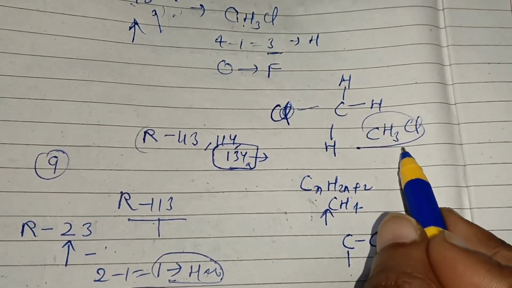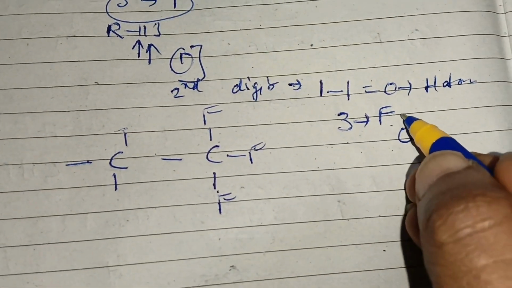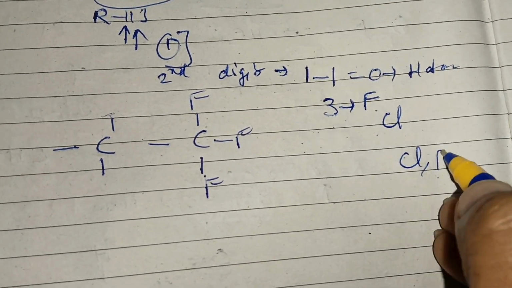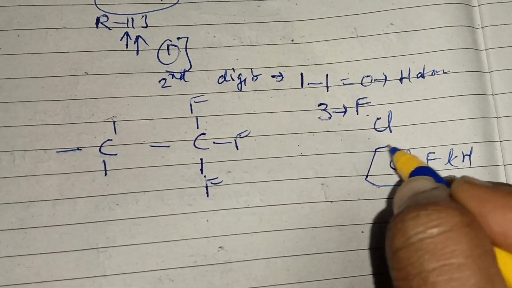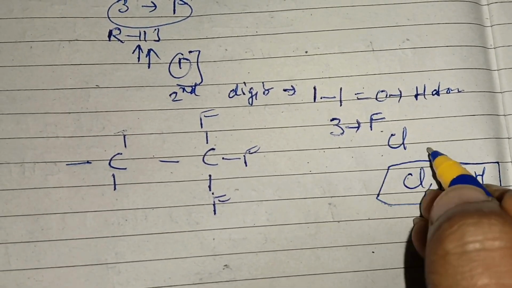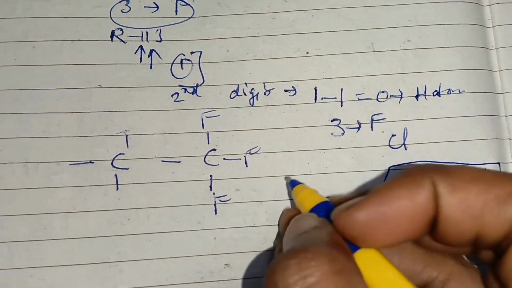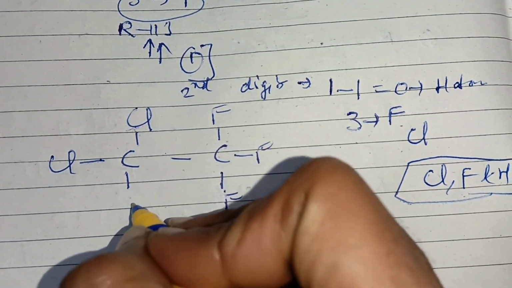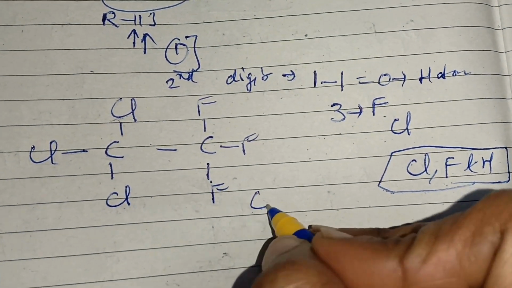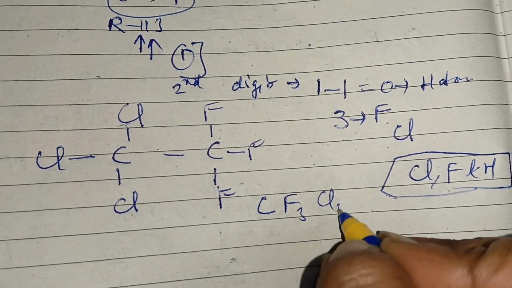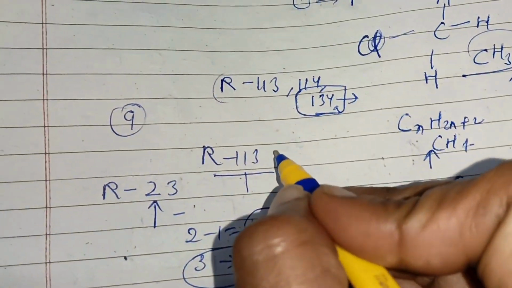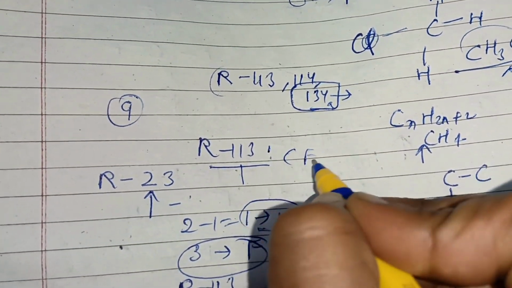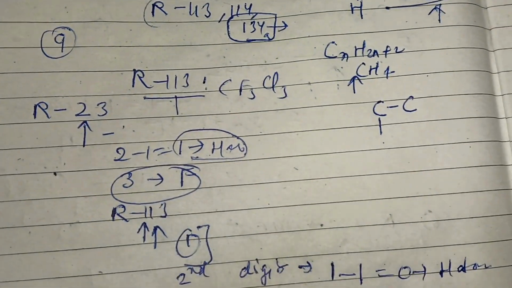The rest was always taken by chlorine. Here also, whatever you see, you have to decide between chlorine, fluorine and H. So the rest would always be taken by chlorine. So here you can just present Cl. You see 3 fluorine, so the formula for R113 is CF3Cl3. This is how you got the formula.